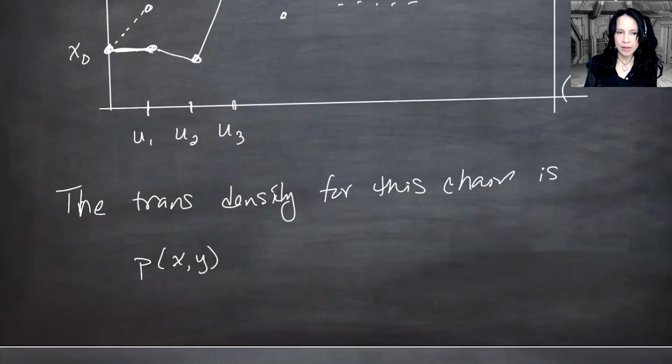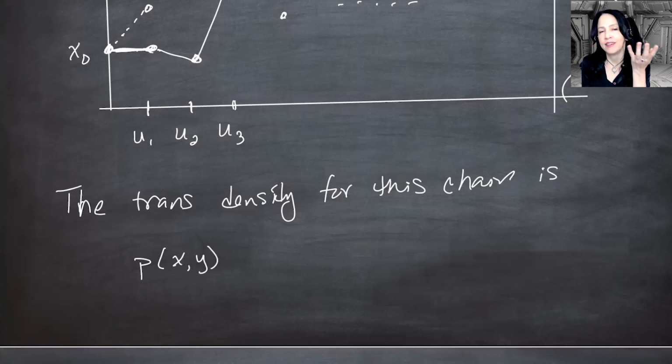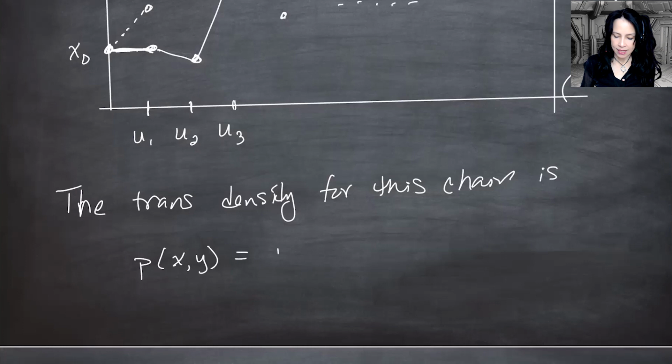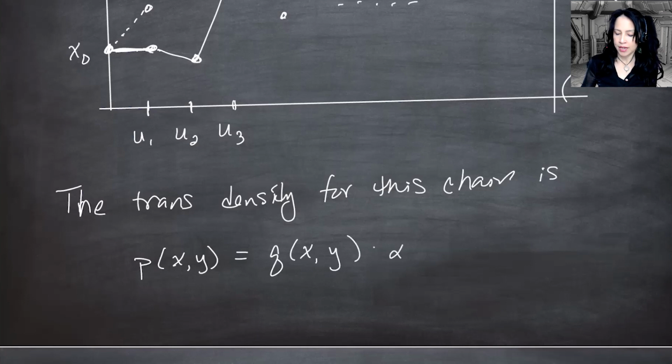I want you to think that this is not a probability, because this is a continuous PDF in y, but we can often talk about it as kind of like the probability you go to y, given you started at x. It is the probability you propose the y starting from x, multiplied by the probability you accept the move from x to y.